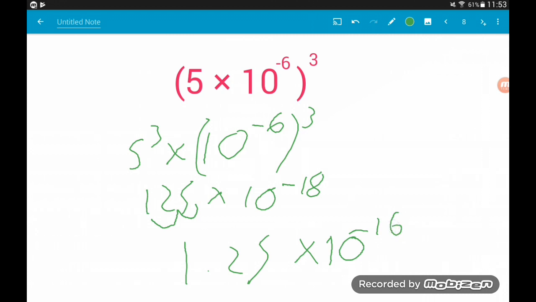So again, we've turned 125 into 1.25 by dividing by 100, so to account for that, we have to do the exact opposite. On the 10 term, we multiply by 2 powers of 10, which means the power increases by 2. So it goes from minus 18 to minus 16.